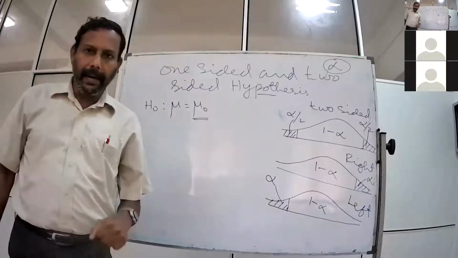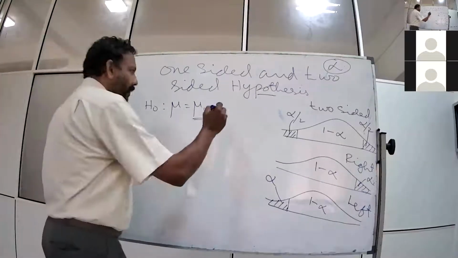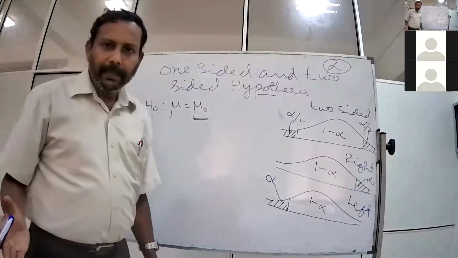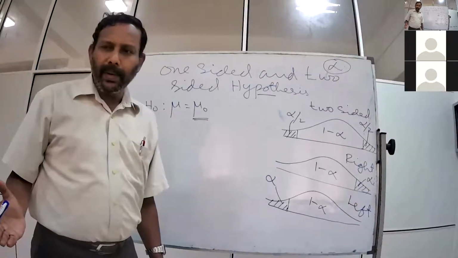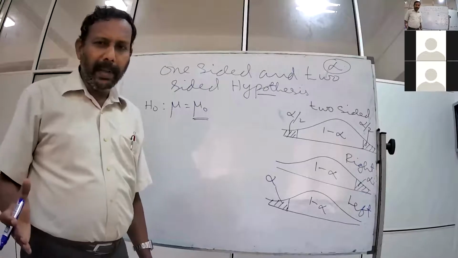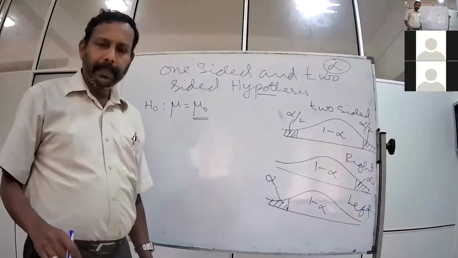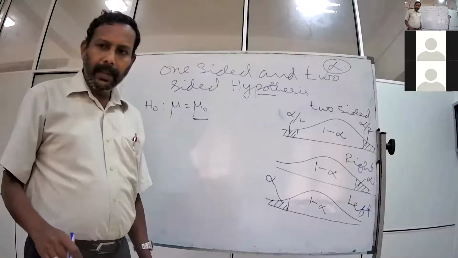Write it like that: mean value of the reference population. Can you remember last time what was the test that we used to test Jaffna district? Mu equals, I couldn't remember the value. Mu equals 4. 4.